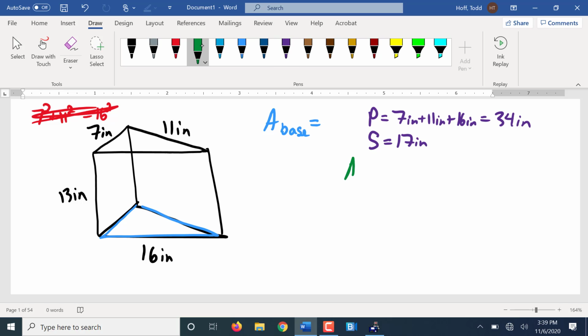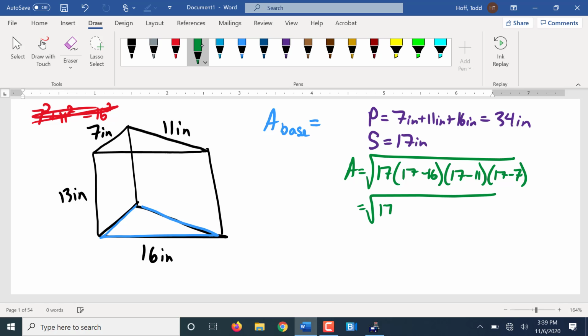So the area is the square root of 17 times 17 minus 16 times 17 minus 11 times 17 minus 7, or the square root of 17 times 1 times 6 times 10, which is how much? 31 point what? 93. That'll be square inches.